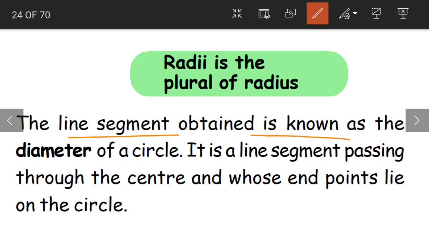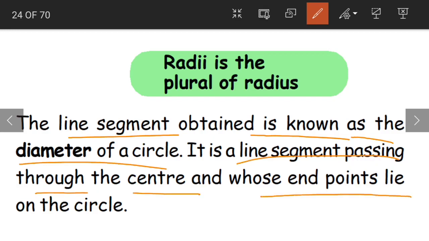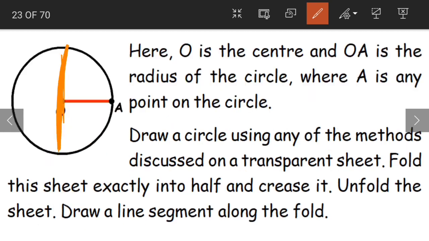Now the line segment obtained is known as the diameter of the circle. It is a line segment passing through the center and whose endpoints lie on the circle. If you observe this line segment, what are its properties? Let me draw again.